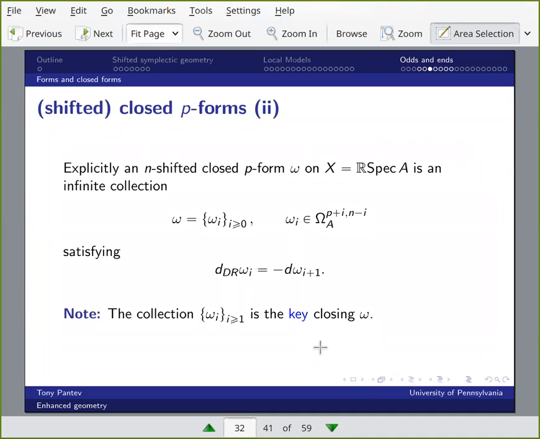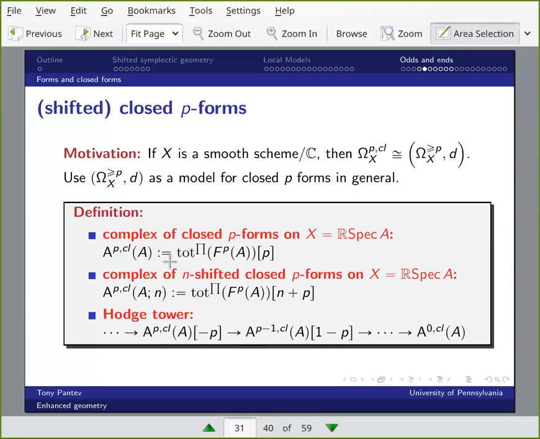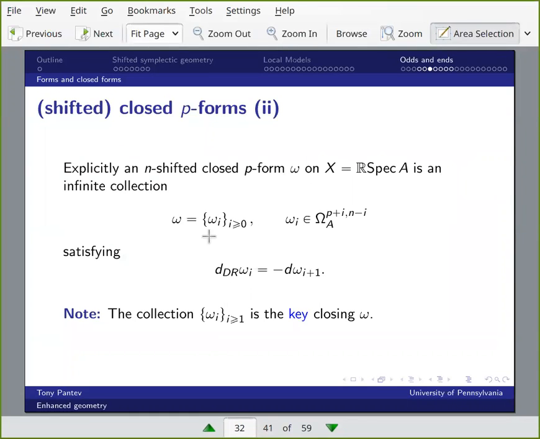So if you want to say explicitly what a closed P-form is, remember a closed P-form is going to be a cochain in that complex, the total complex of the double complex. You can say it explicitly, right? So the double complex has pieces which are, the p-th wedge power of the cotangent complex is a complex itself, and in that p-th power, you're taking some piece of homological degree k.